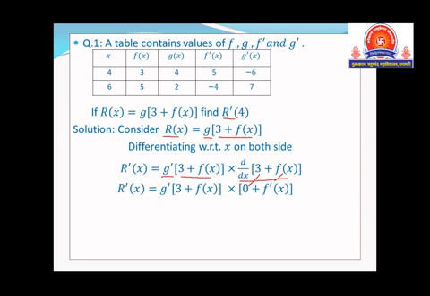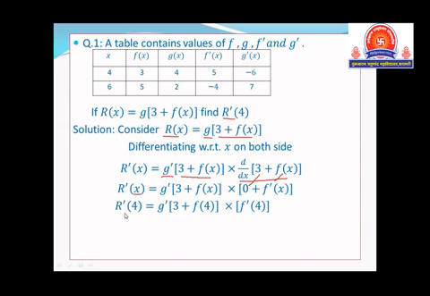Okay, now we want here after this r dash of 4. So how to find it? So we have to put x is equal to 4 to find r dash of 4. So for that, let us substitute x is equal to 4. So what we get?